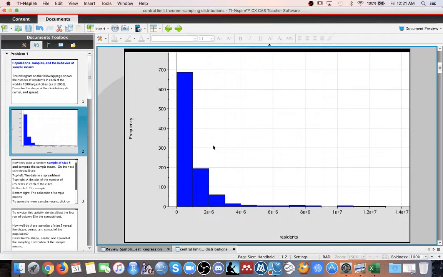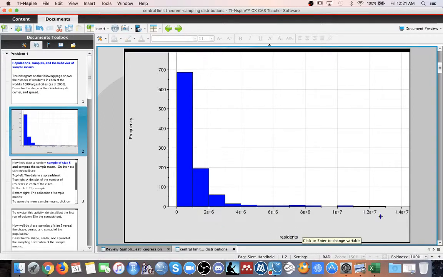So if you were to put your finger somewhere along the axis here at the bottom, about where do you think the center would be? I'm thinking maybe somewhere in this general area here is probably where it would be.